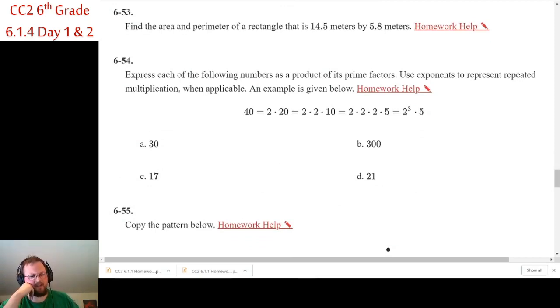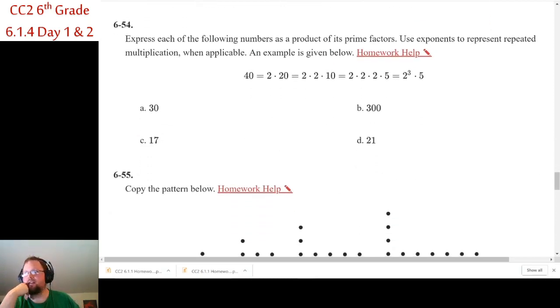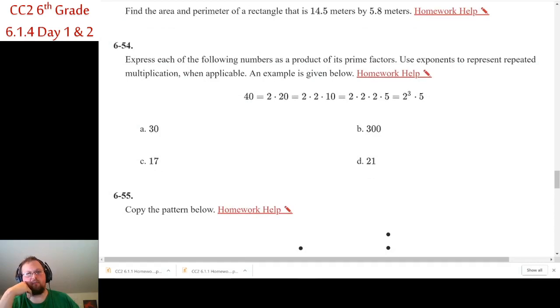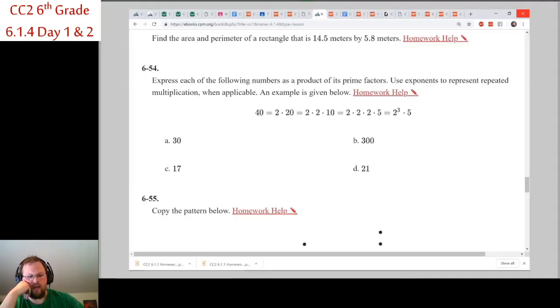6-54 is a process that we haven't done as much in spite of the fact we were doing a lot of prime factors. This step where it says use exponents to represent repeated multiplication where applicable. So we did this with 300. If you wanted to break 300 apart, I like personally using the factor trees like this, where you have 300 and you split it up in the biggest numbers you can.